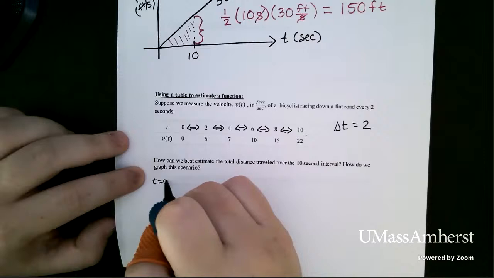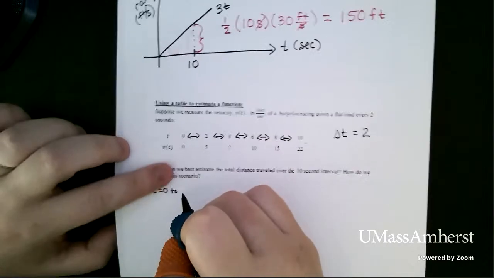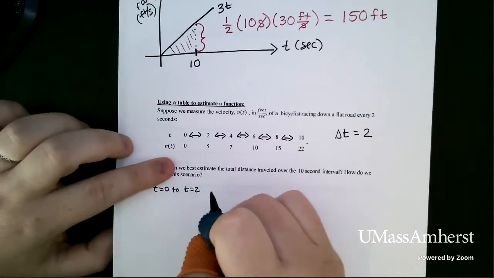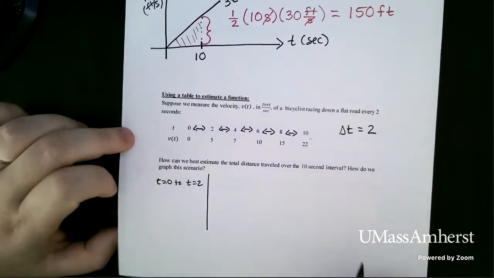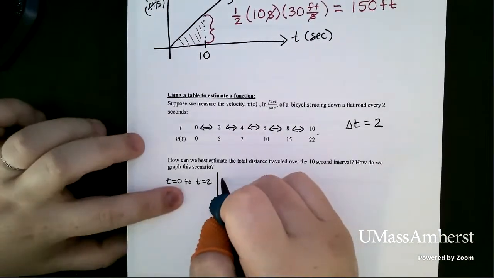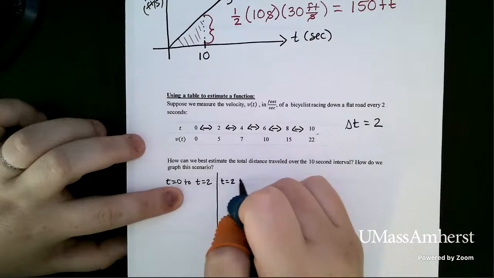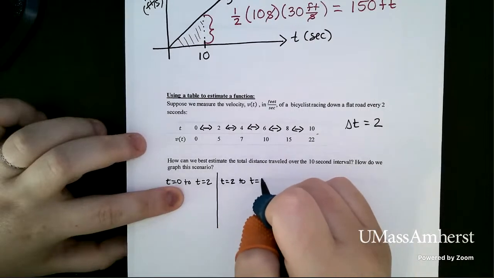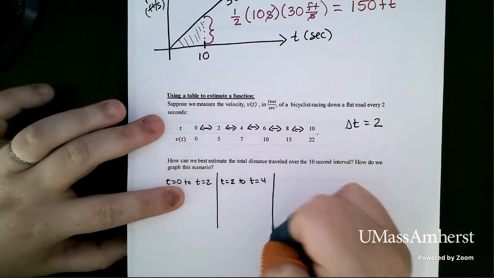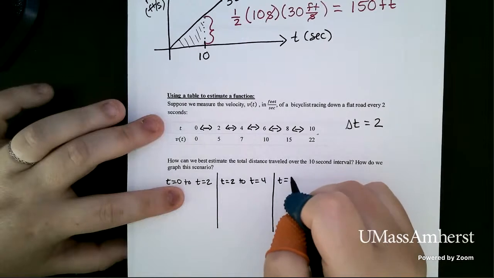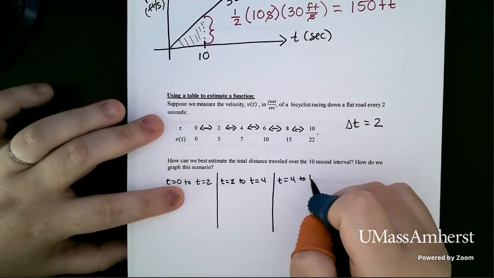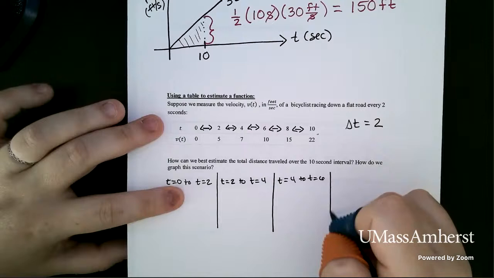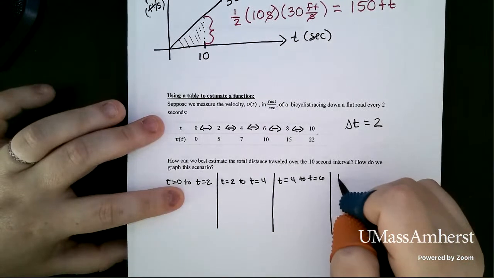So from time equals 0 to time equals 2, that's going to be my first interval. Time equals 2 to time equals 4, my second interval. Time equals 4 to time equals 6, my third interval.